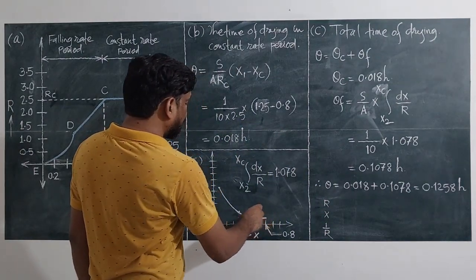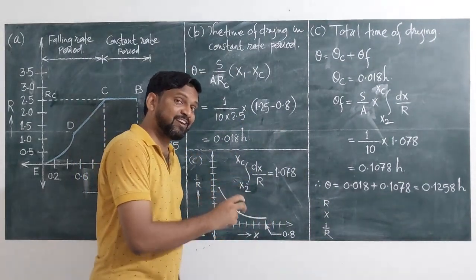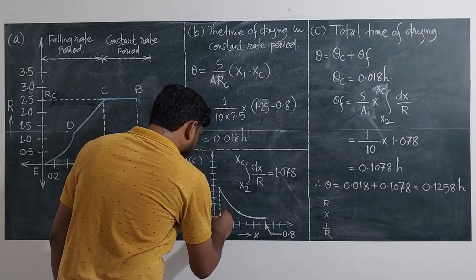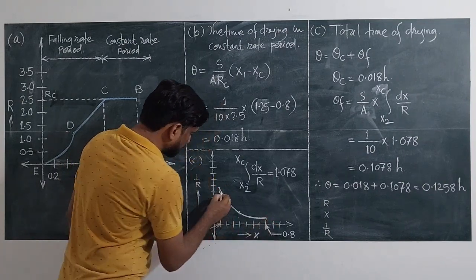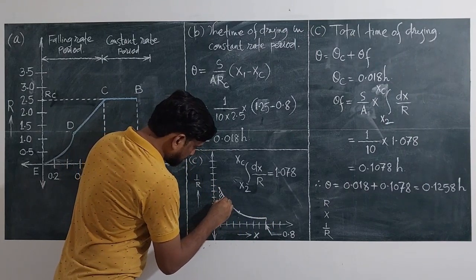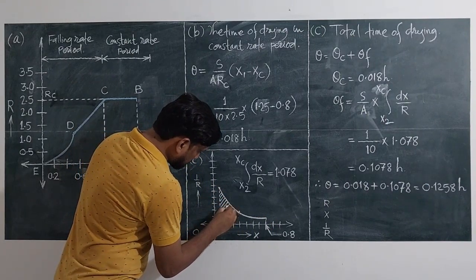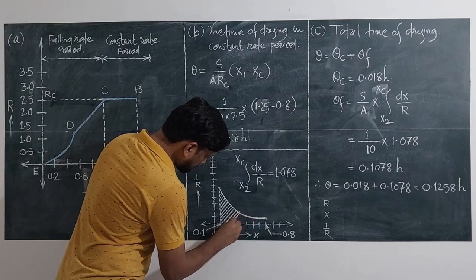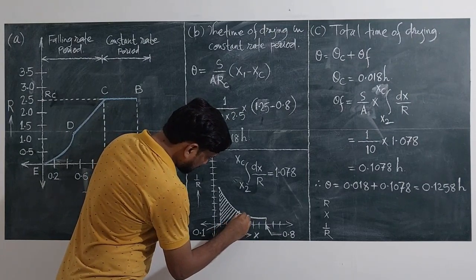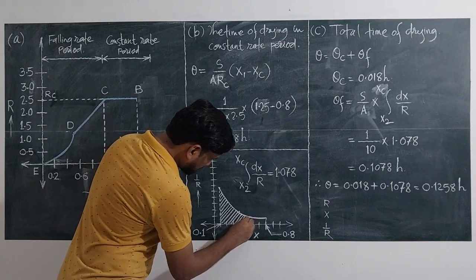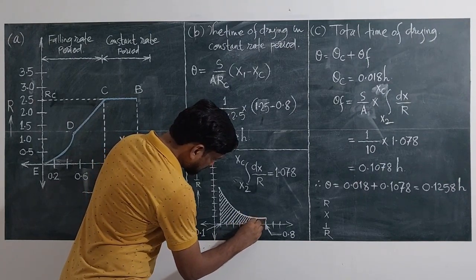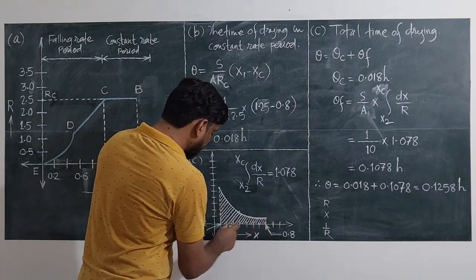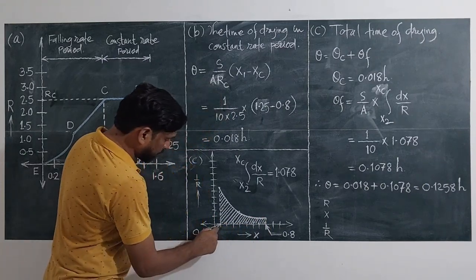Now I have to determine the area under this curve. What is the area under this curve? This area between 0.8 and 0.1.